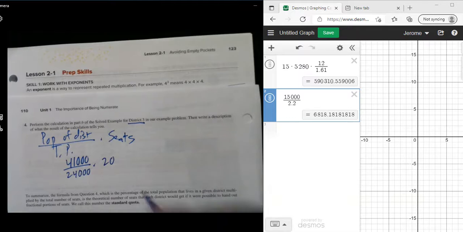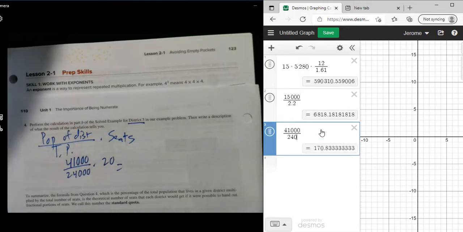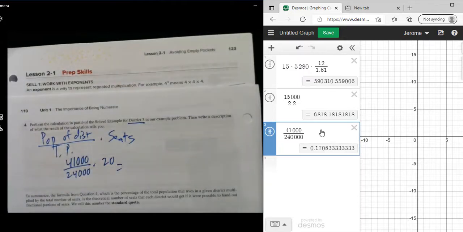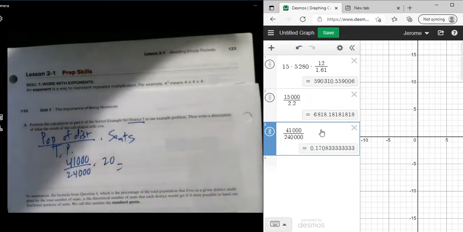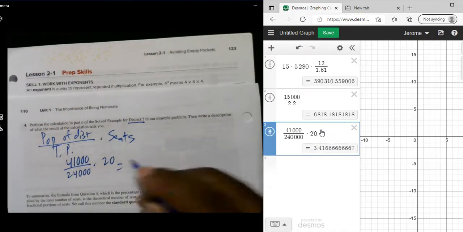Okay, so now, when we put this in our calculator, we will have 41,000 divided by 240,000. And then we're supposed to multiply this by 20. So this would be approximately 3.42.